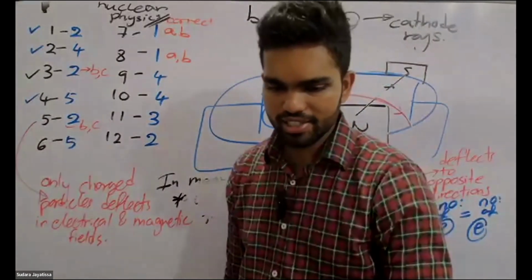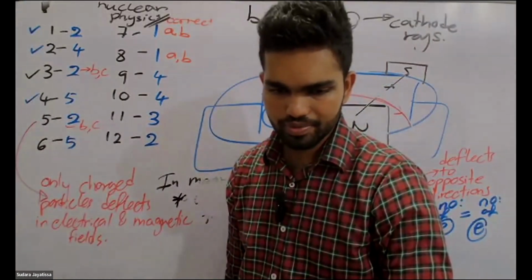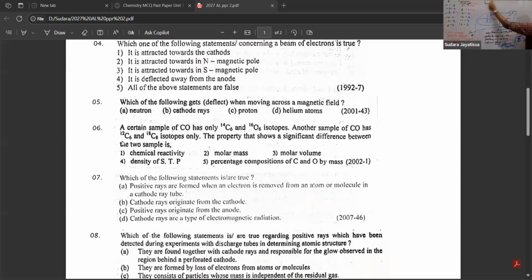Okay, let's discuss that one now. See the 6th one. I'm going to erase the board. A carbon monoxide sample is there. It's the same thing that we had in the theory class.